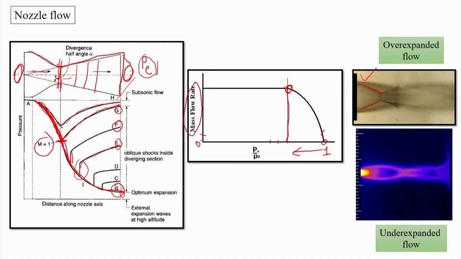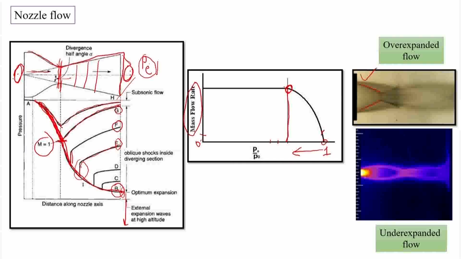Such a case is called the under expanded case, for pressures lower than this, and in this case we will have an expansion fan appearing at the nozzle exit, and then it would lead to continuous expansion outside the nozzle as well, till the flow matches its pressure with the ambient pressure. So, these are some details of flow through the nozzle.